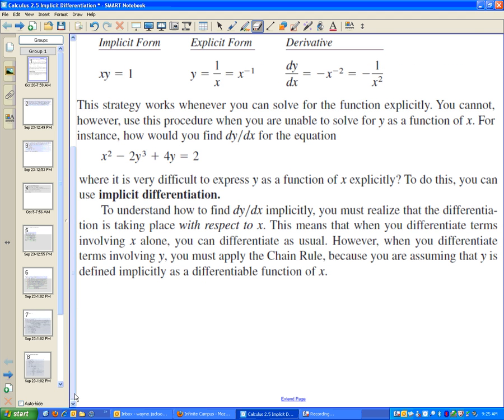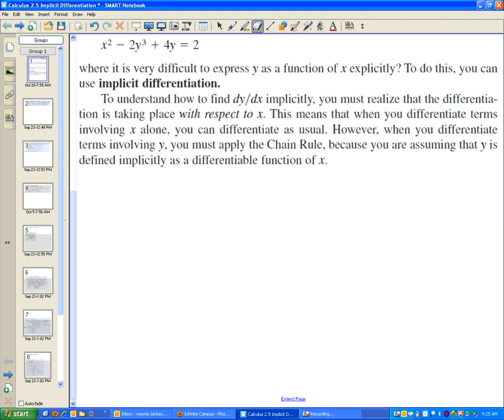Now, to understand how to find dy dx implicitly, you must realize that the differentiation is taking place with respect to x. That's why implicit differentiation is usually introduced the way it's introduced to you today, which is by calling it dy dx.